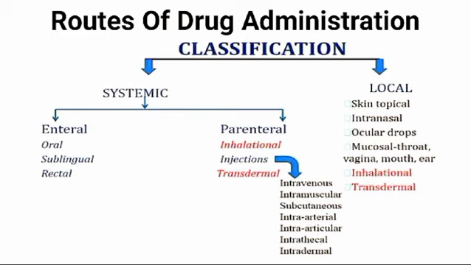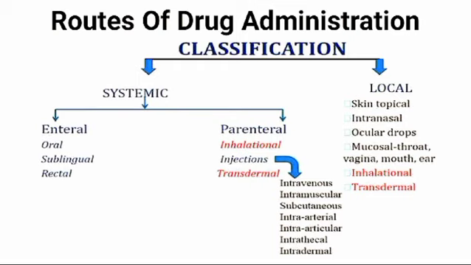Routes of drug administration are classified into two types, systemic and local, and systemic is further classified into enteral and parenteral routes. Basically, systemic routes are those where drugs are intended to enter blood circulation and distribute to the body and target sites.